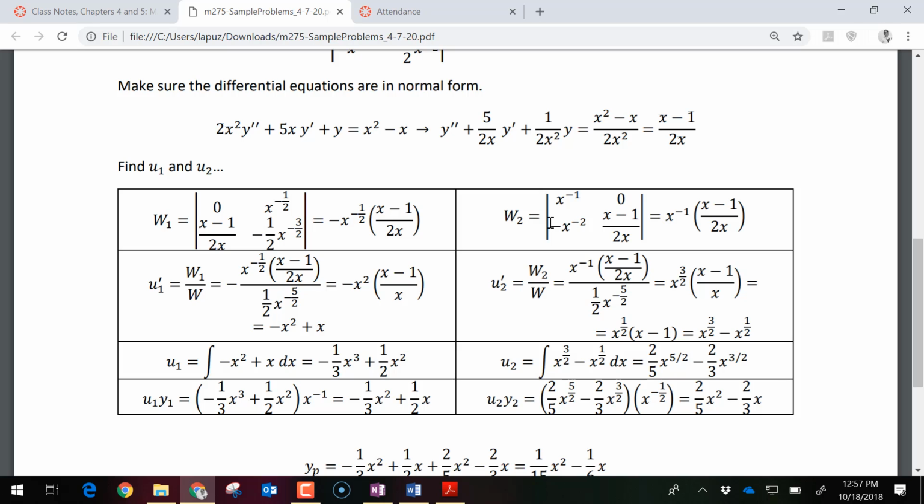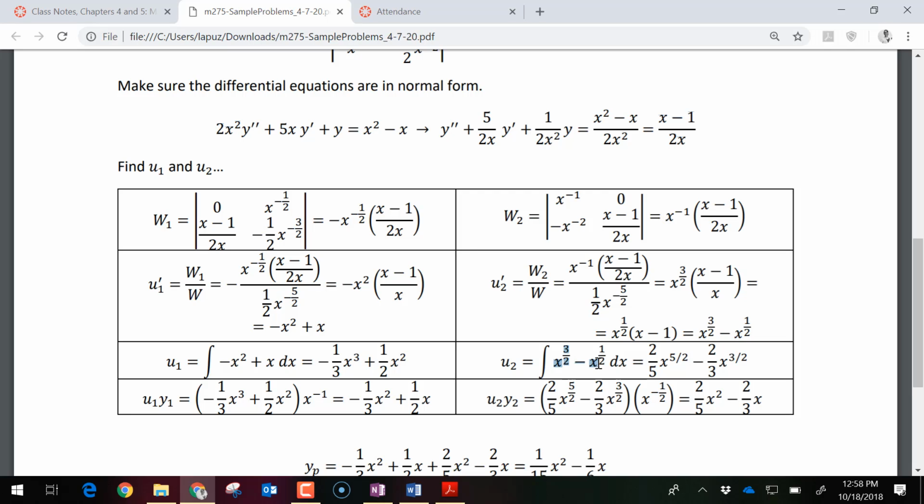So here's the rest of it. The W2 would be the same as the Wronskian, except the second column would be changed. And then it looks like I get x to the -1 times that f of x function. I divide out by the Wronskian, and then I get this expression over here, which after you simplify it looks like not quite a polynomial, but it's still a couple of power functions that's going to be easy to integrate.